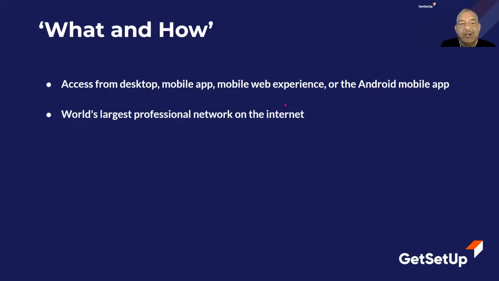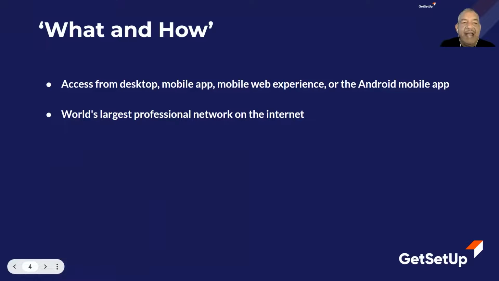And now, what is LinkedIn? LinkedIn is the world's largest professional network on the internet. It is more designed for exchange of professional information. So that's why it is called the world's largest professional network on the internet.